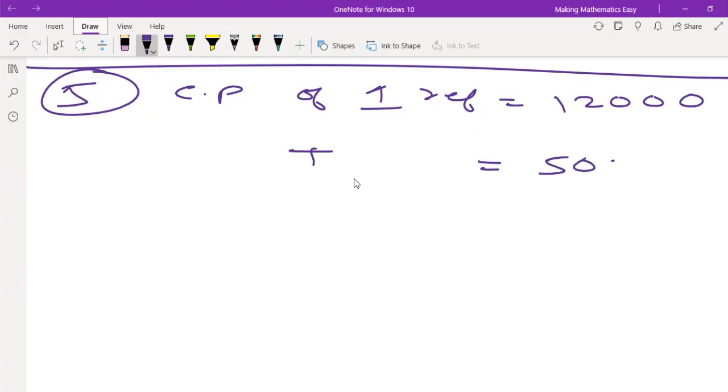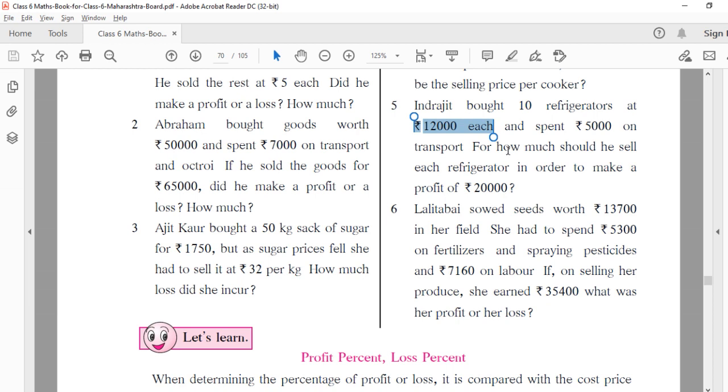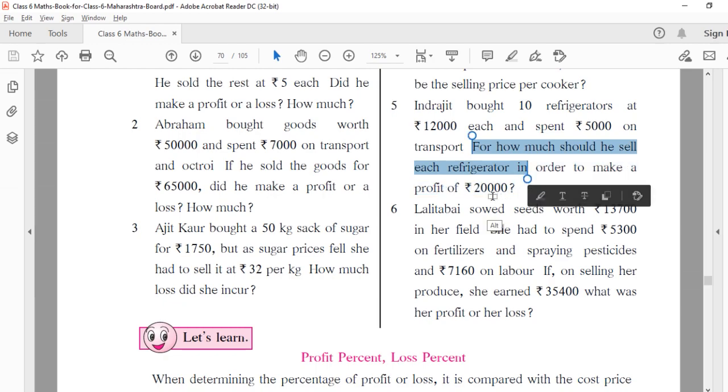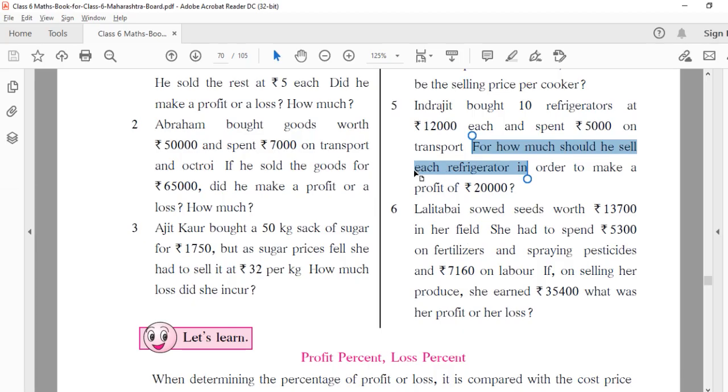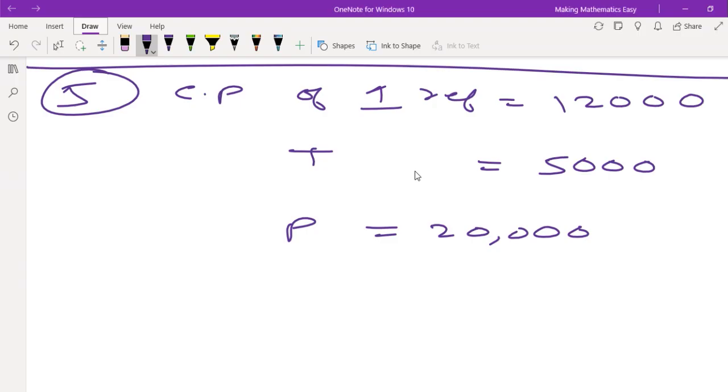For how much should he sell each refrigerator in order to make a profit of 20,000? He has to make a profit of 20,000 by selling all these 10 refrigerators. So what should be his selling price per refrigerator? That is what we need to find, the selling price of one refrigerator.